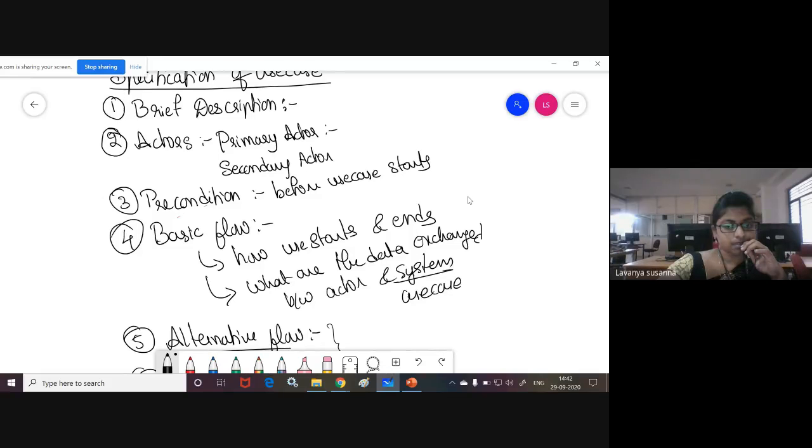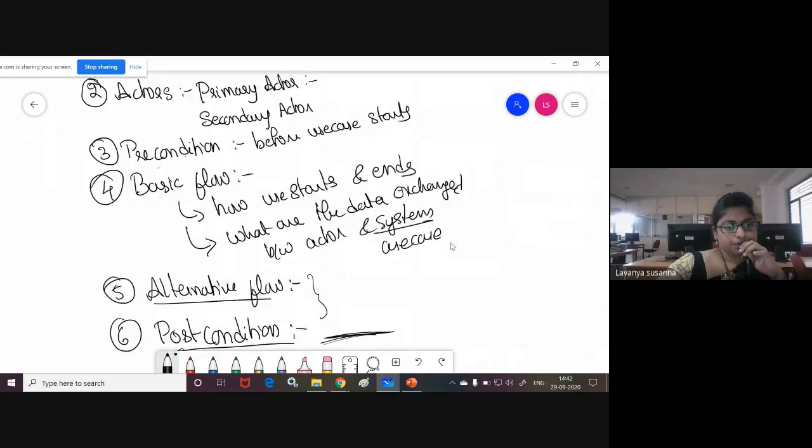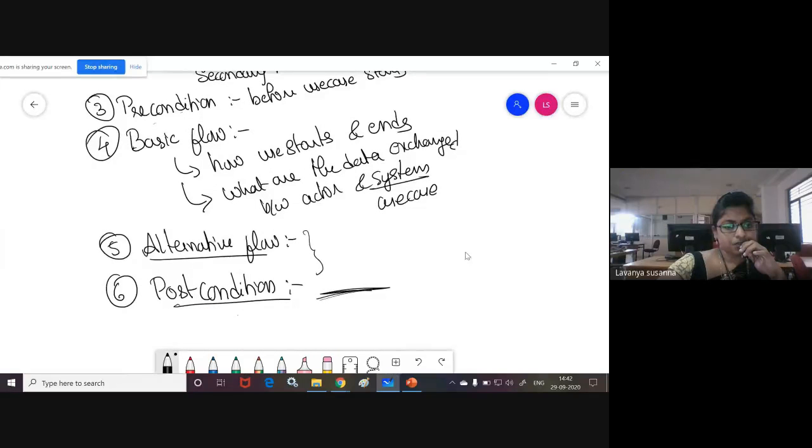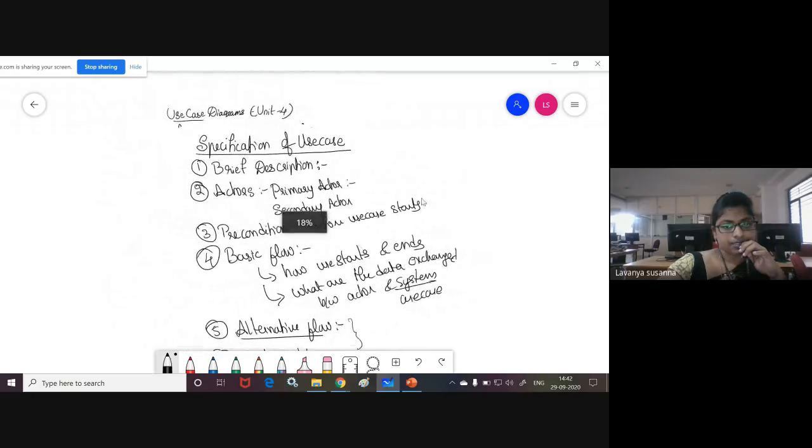This is a lab exercise also, so you need to know this first. You need to write on your own. I won't explain all those things for lab exercises, so listen carefully. Precondition, next basic flow, next alternative flow, next post condition. Now let us see with an example.